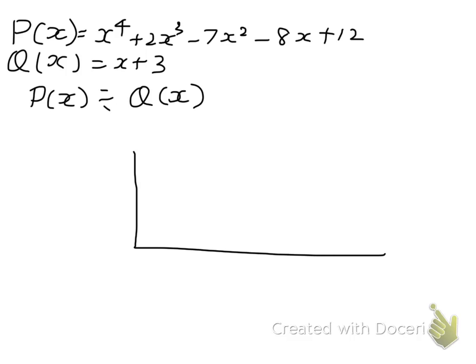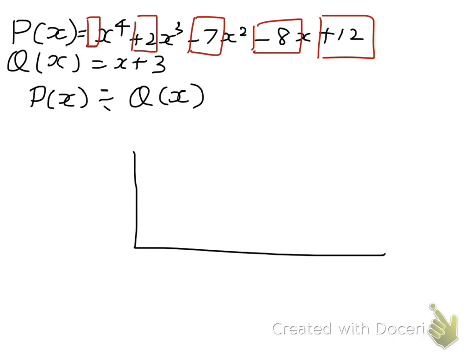Alright, so this is what you do. First of all, you have this particular way. And then what you want to do is pick up all the coefficients. Do remember that when you pick up all the coefficients, you are to pick up the sign as well, as in positive or negative.